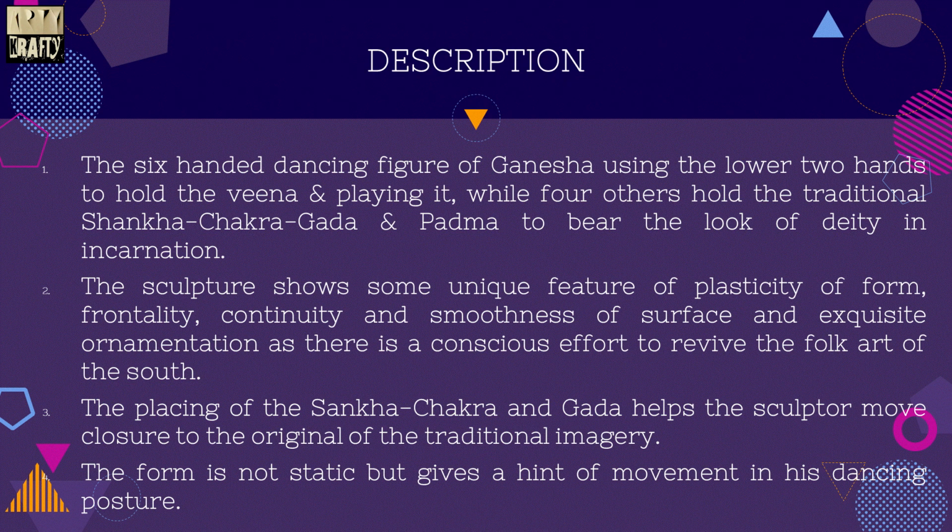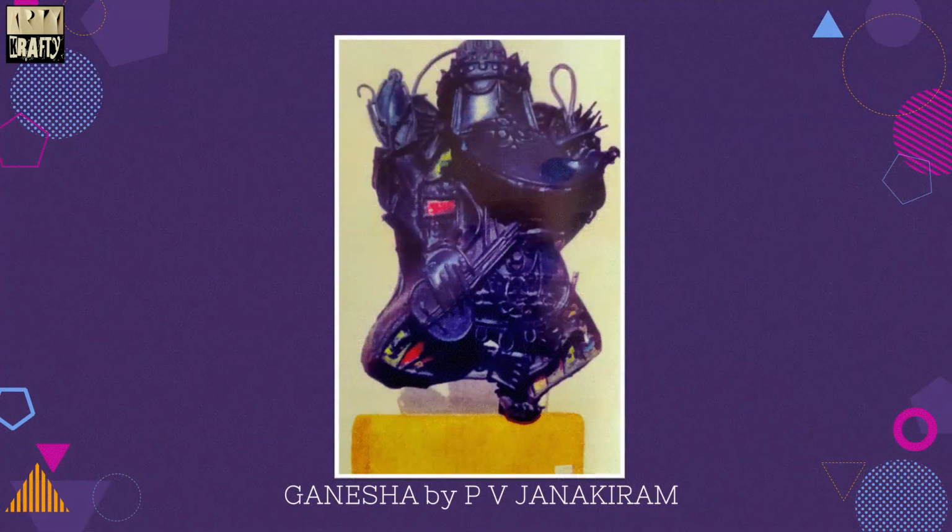The placing of the Shankha, Chakra and Gada helps the sculptor move closer to the original of the traditional imagery. The form is not static but gives a hint of movement in his dancing posture. This is the picture of the sculpture Ganesha by P V Janakiram.